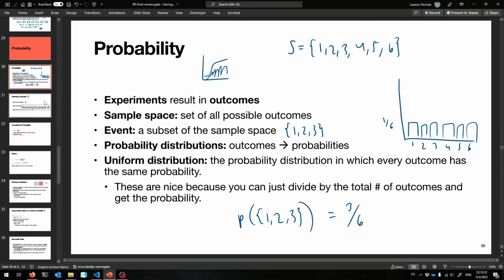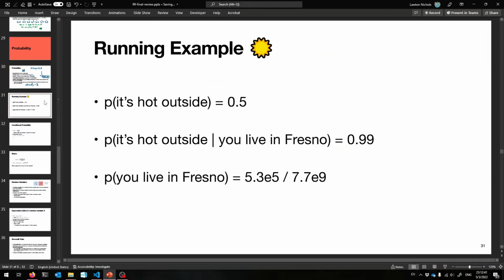It gets a bit boring to crunch numbers and talk about die or dice all day long and think of the proper plural. So here's my example that we're going to be going with for the next couple slides. The probability, let's say, that it's hot outside, in general, regardless of where you are on the Earth, is 0.5.